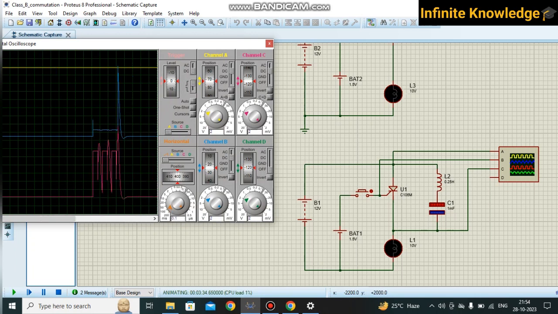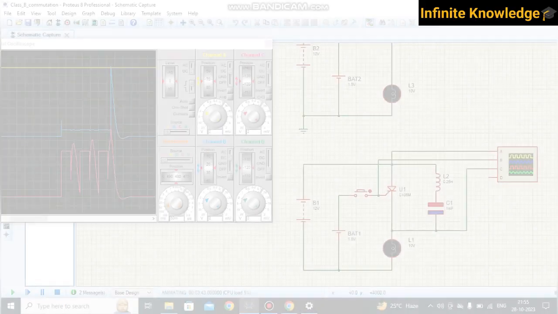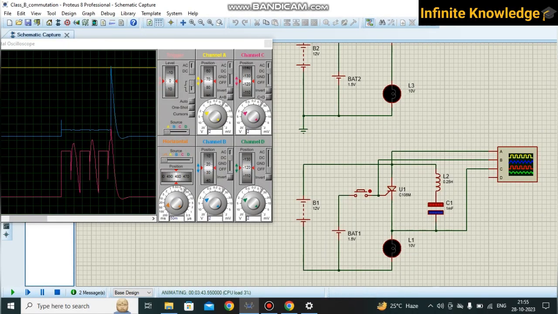For a particular time you are getting high voltage, or a particular time you are getting load current, and after a specific time, depending on the L and C combination charging and discharging cycle, your current gets zero in this thyristor and it turns off automatically.